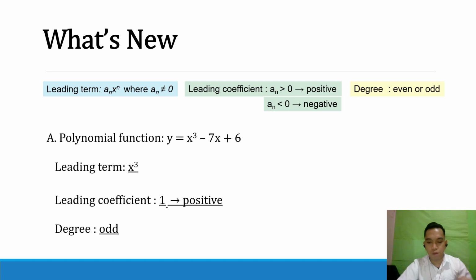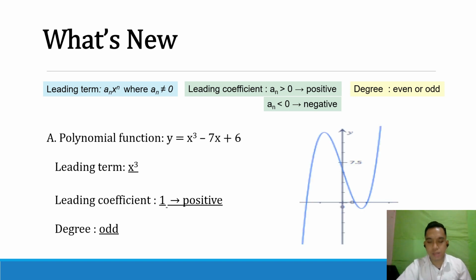And the graph of our polynomial function looks like this. As you observe, the graph rises to the right and falls to the left. So if the leading coefficient is positive and the degree is odd, it rises to the right and falls to the left.